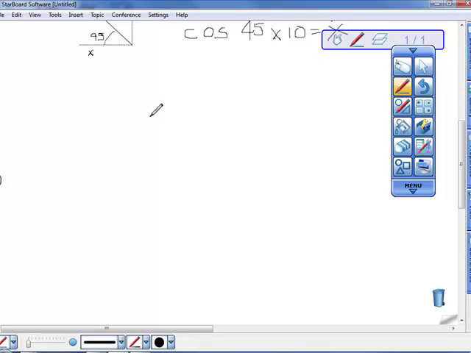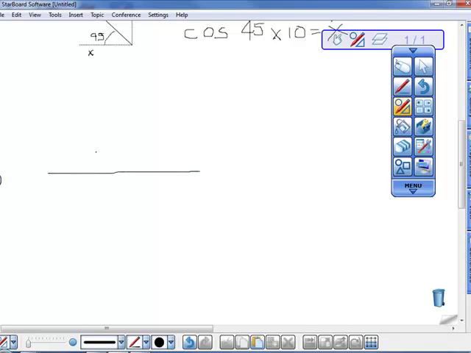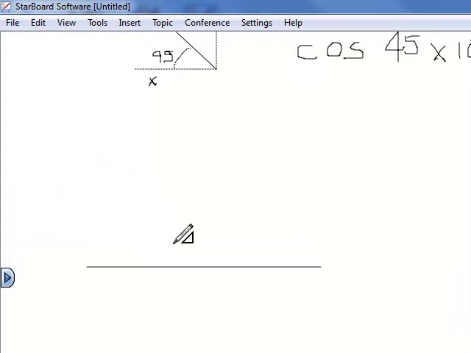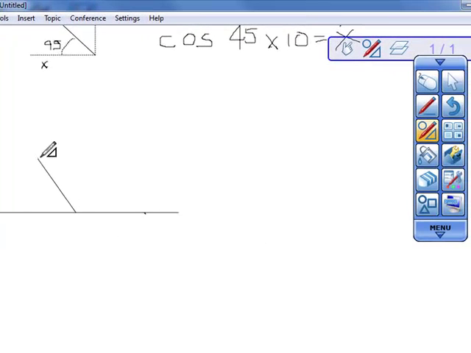We'll see if this works together. Here's your horizontal line. Okay, and then we have a force coming up from that line in that direction.